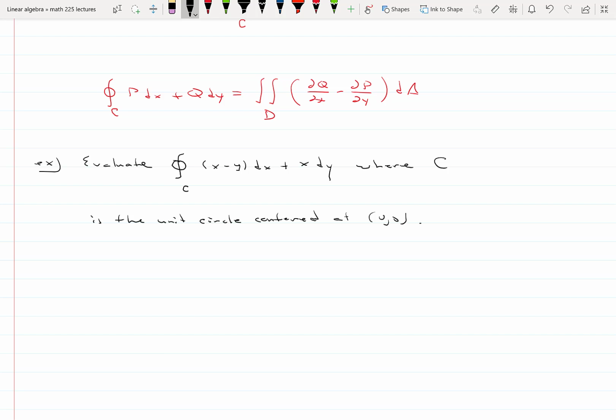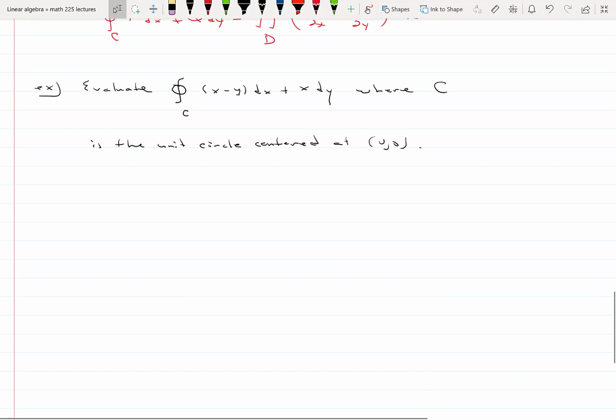Okay, but remember it's implied here, just by writing that integral sign with a little circle around the middle of it, that it's a positively oriented unit circle.